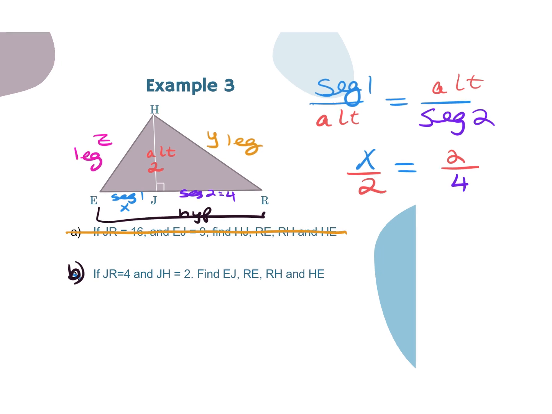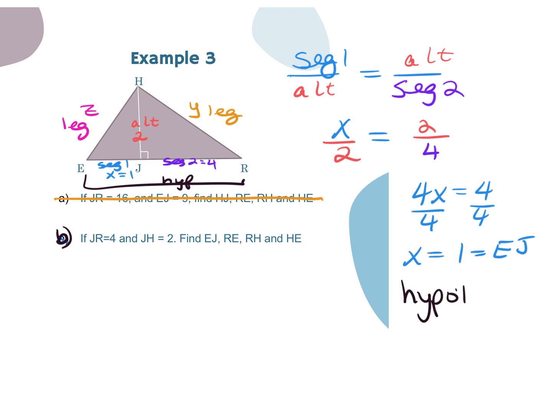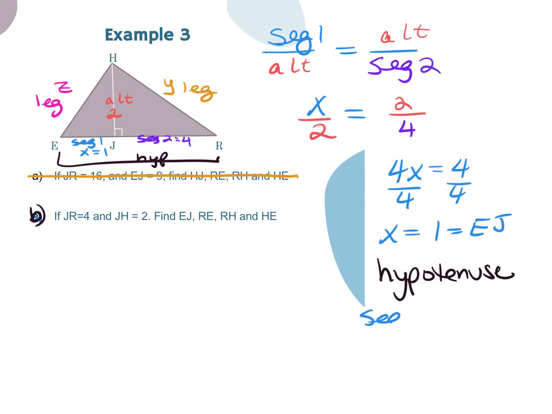So now I'm going to cross multiply, and I get 4x equals 2 times 2, which is 4, divide by 4, and x equals 1. And remember, x, I said, was going to be EJ. So EJ, this x now equals 1. So now, to find the hypotenuse, I can take segment 1 plus segment 2 to get the length of the hypotenuse.